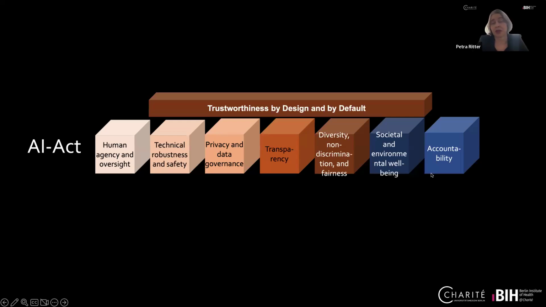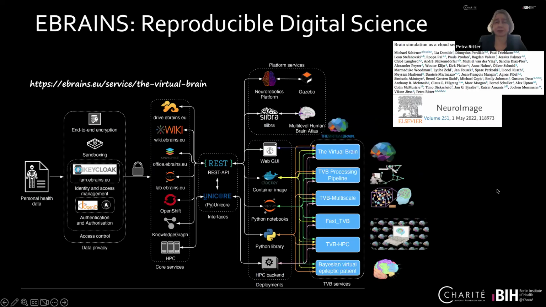So in order to use our digital brain twins for clinical applications, we have to demonstrate and get certified for these different aspects of the AI that is part of our system.